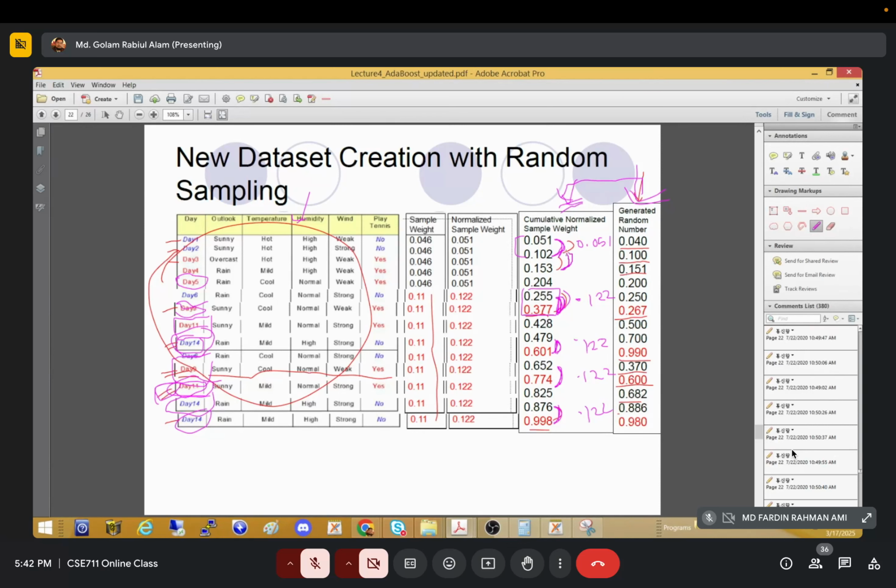Here is also the same. If we consider these two, the range will be 0.051. And if we consider these two, it will also be 0.051.